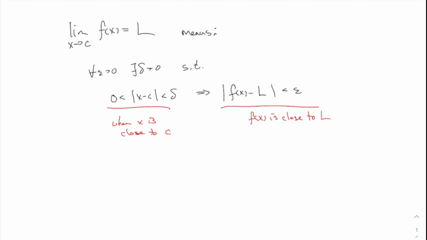So in that informal kind of language, it says when the x is really, really close to c, then the f of x is really, really close to L, which is what this limit means from an informal point of view.